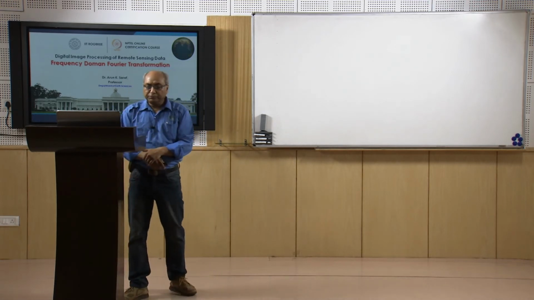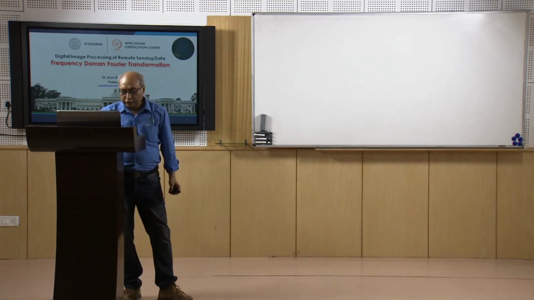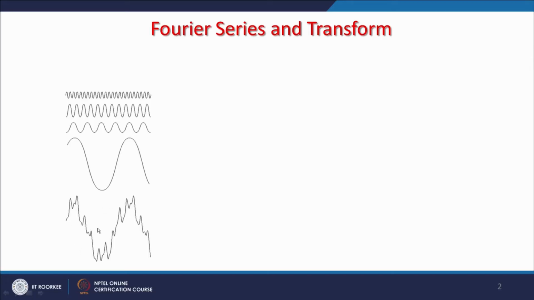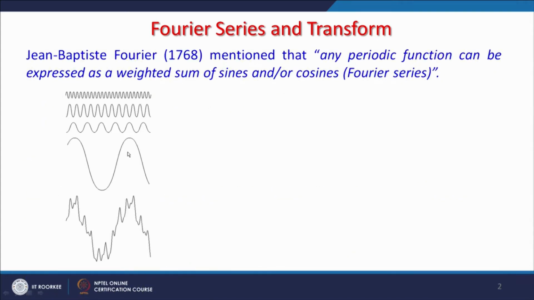We know that a wave which is shown here can be segmented into different waves. The lower wave is the sum of all these waves, and this is what was shown in 1768 by Jean-Baptiste Fourier.